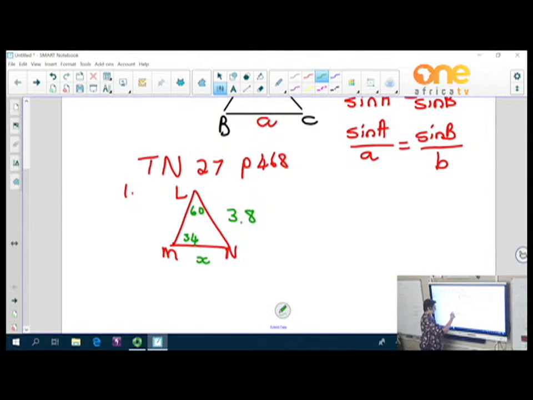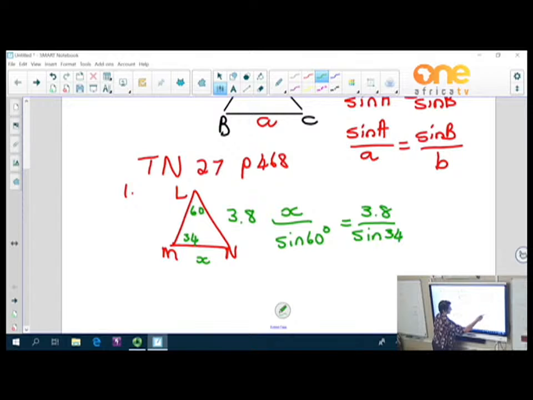If you look here, I've got a side and an opposite angle, and the same thing here. That's when we use the sine rule. I put the one I want to calculate in the left-hand top, so this is x over sine 60 degrees, equal to 3.8 over sine 34 degrees. So the opposite side and angle.